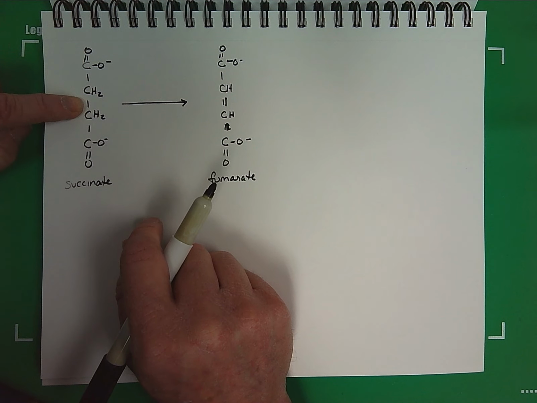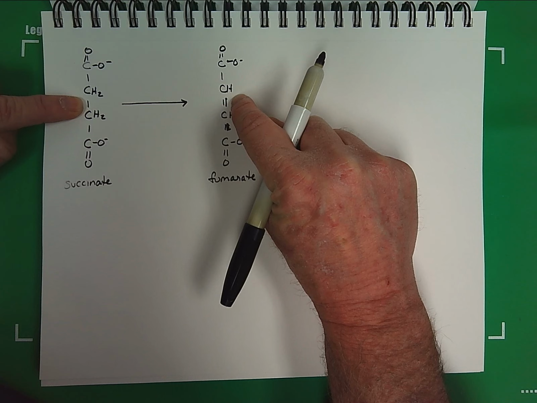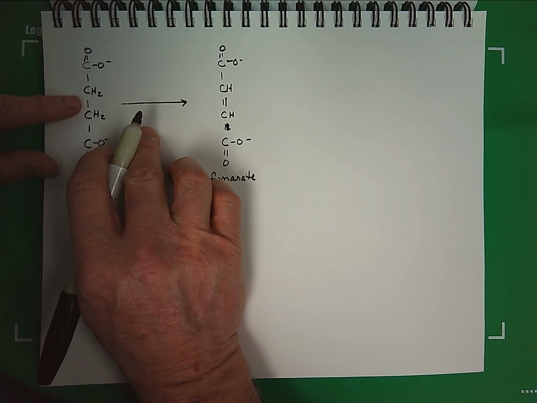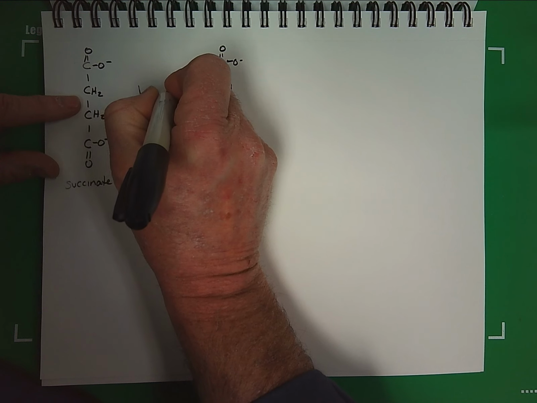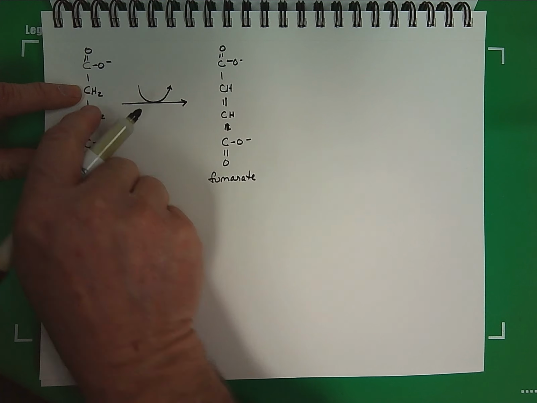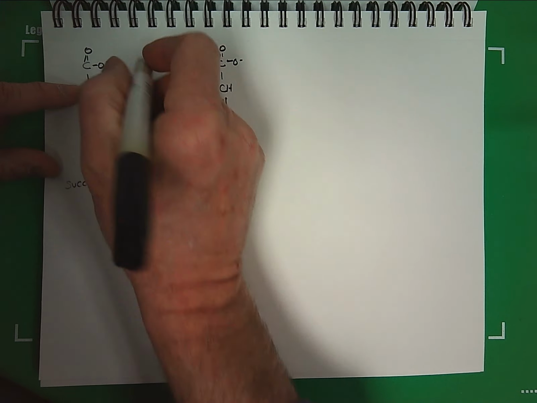This is a redox reaction because in order to do this we have to remove 2 electrons along with a hydrogen. Now, if you recall when we talked about FAD and NADH, for this particular reaction, to create a double bond, we are going to be removing a hydrogen and 1 electron from each of these carbons.